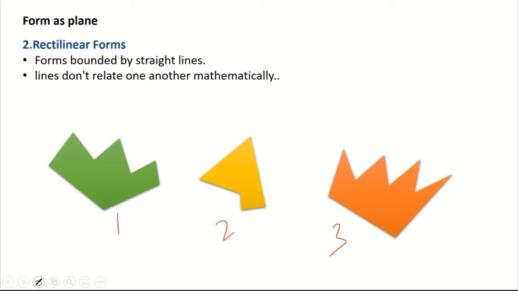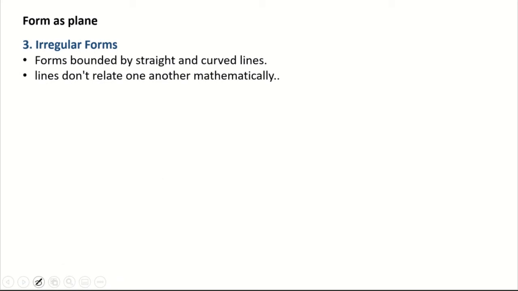The next category is irregular forms. What are these irregular forms? Rectilinear forms have only straight lines, but if some area is covered with straight lines and curved lines, then we can say it is irregular in form.